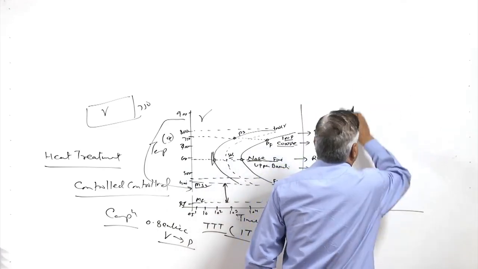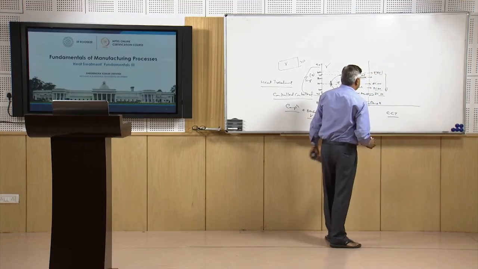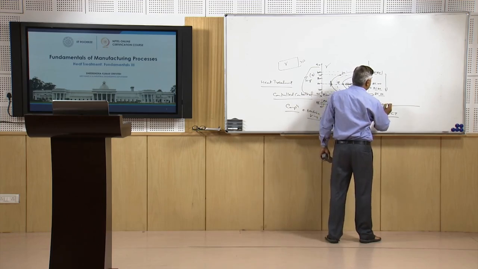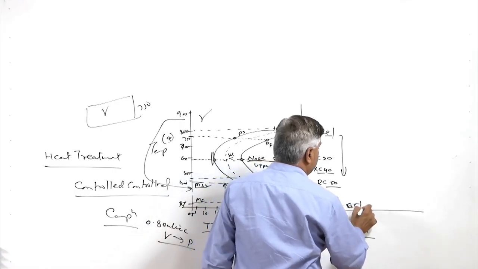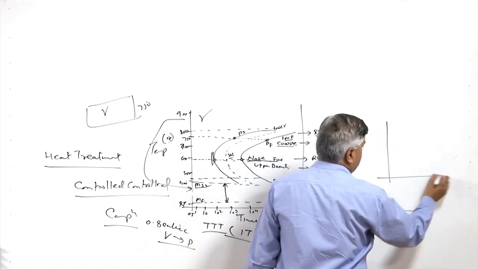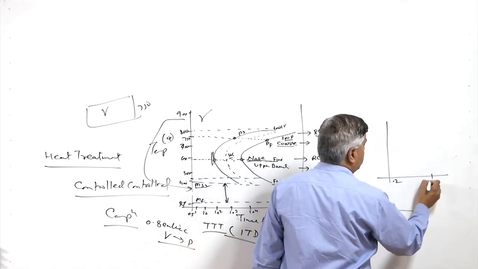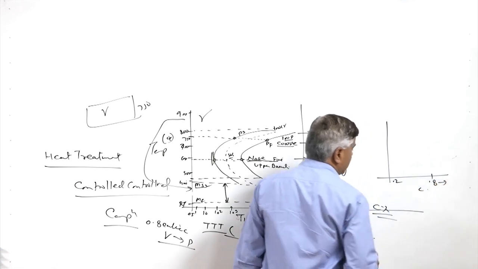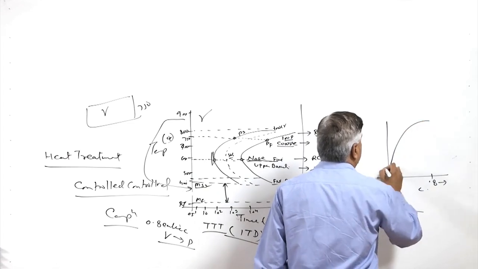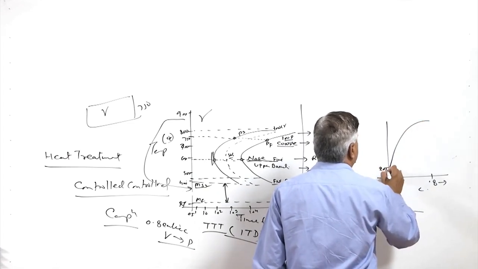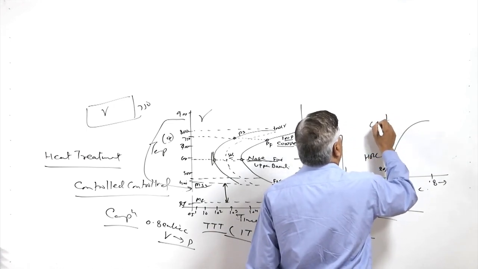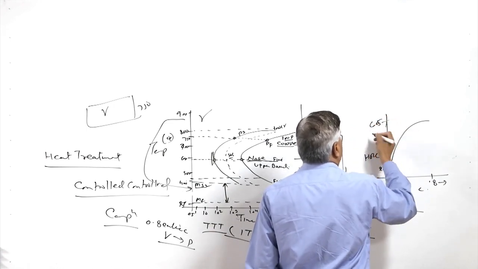The maximum hardness achieved by the steel is about 60 to 65, and again it depends upon the carbon percentage present in the steel. For 0.2 to 0.8% carbon content, when hardened, we get increasing hardness from 20 HRC to 60 or 65 HRC.